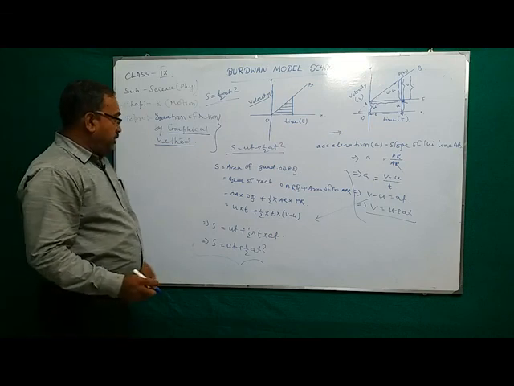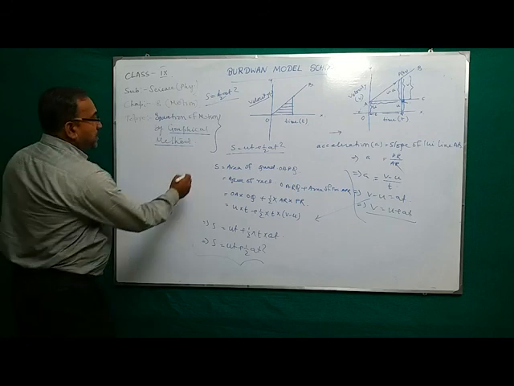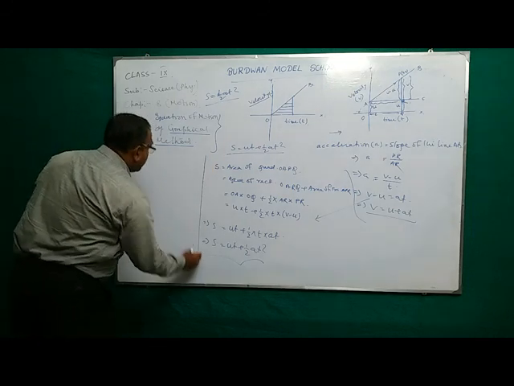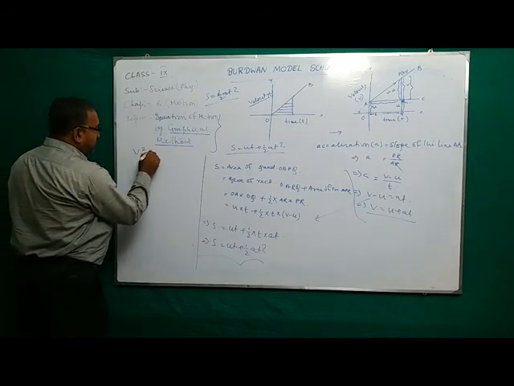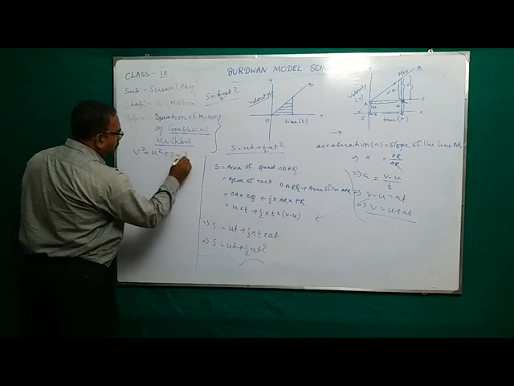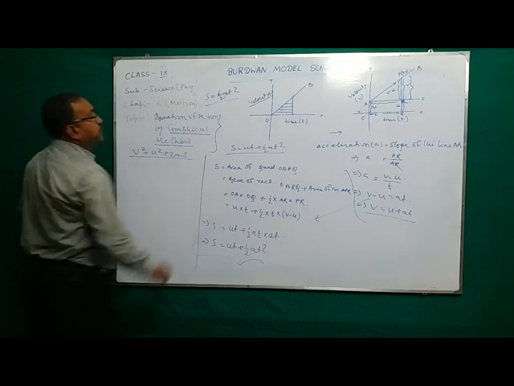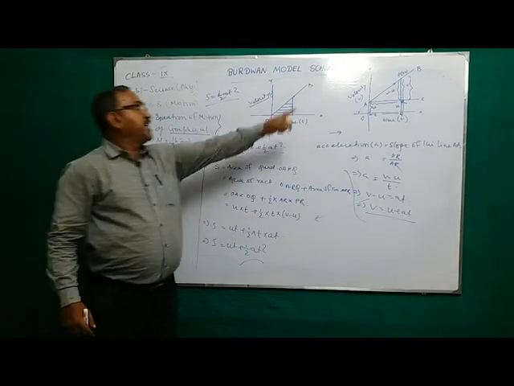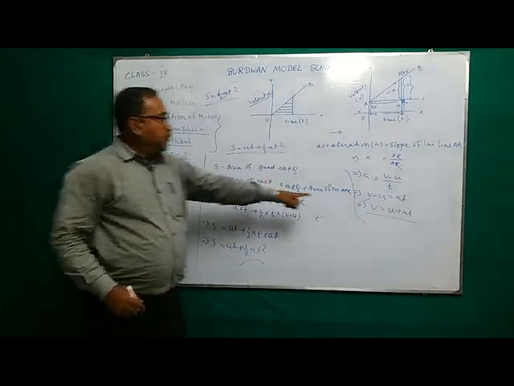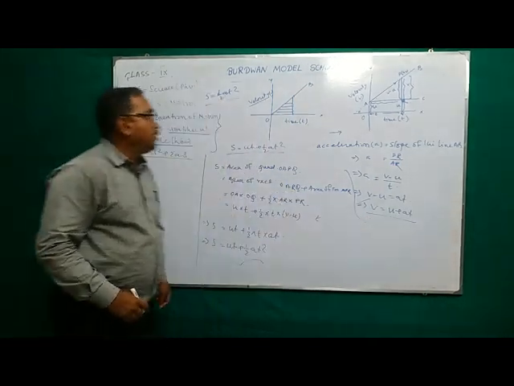Last part, you check it. V square equal to U square plus 2AS. How can we prove it? With the help of that graph. Up to this portion is common.